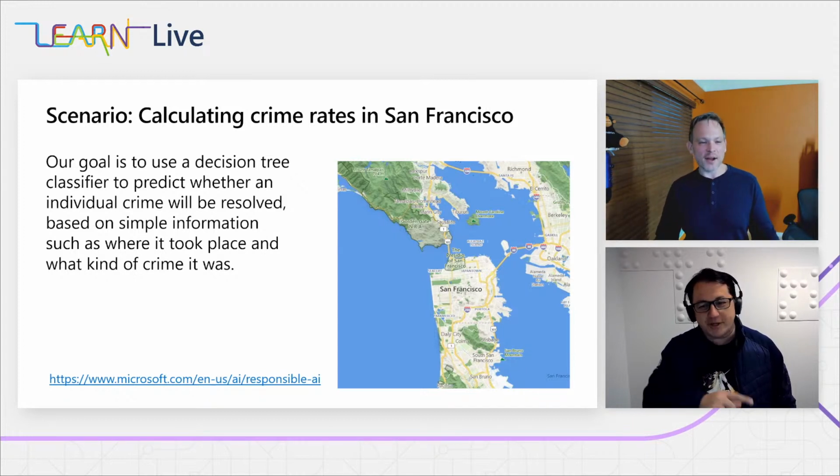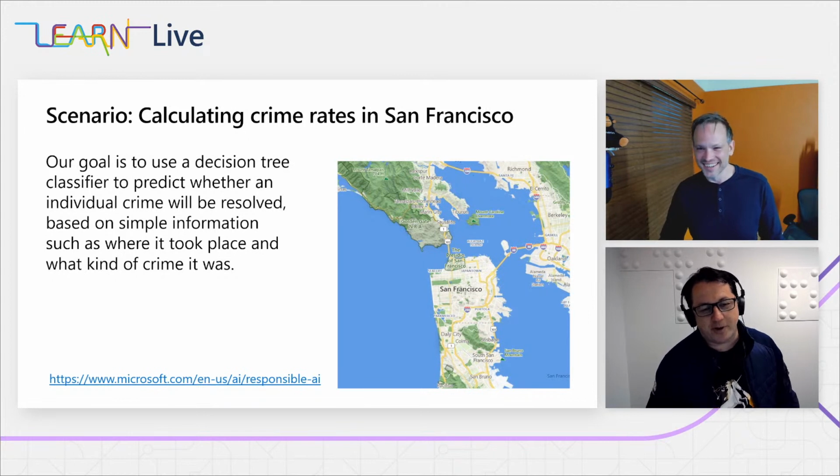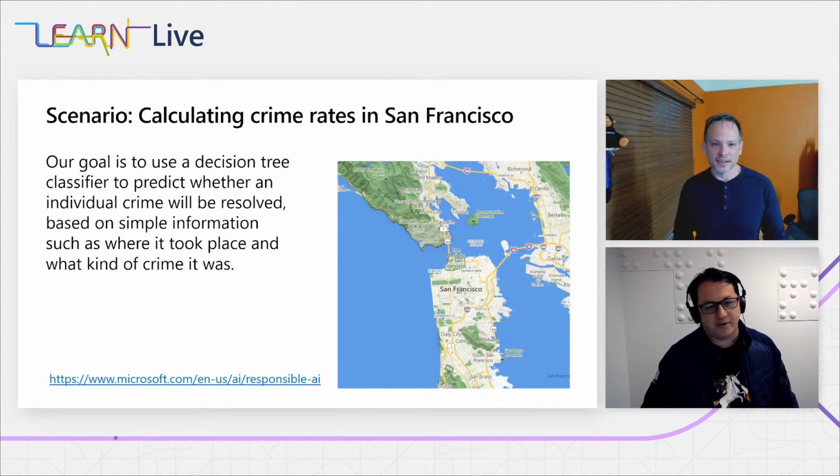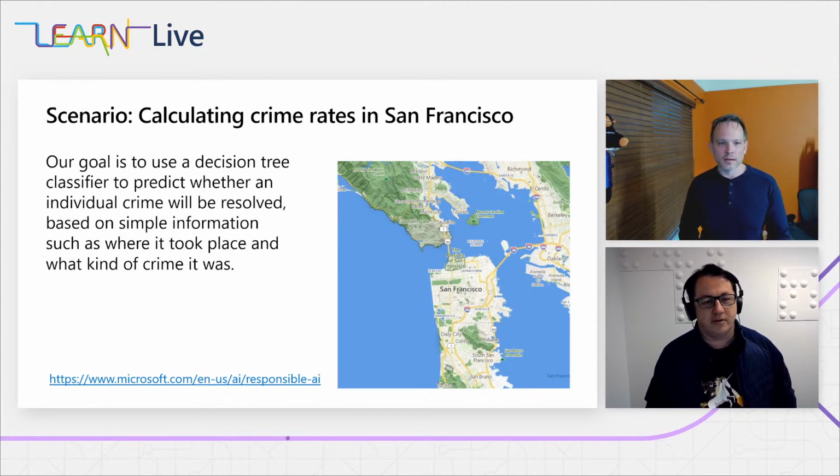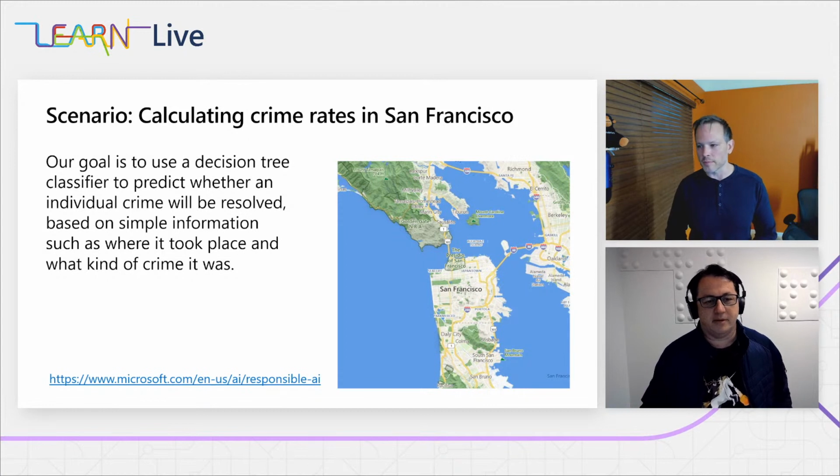Okay. Do you want to let people know about responsible AI? Because I actually think it's a really important thing to learn as well. Yeah, absolutely. We've definitely chatted a little bit about it in previous episodes, but it's always worth coming back to. When we've got a lot of data, we use it to make predictions and guesses, and there are a lot of different ways you can use that.